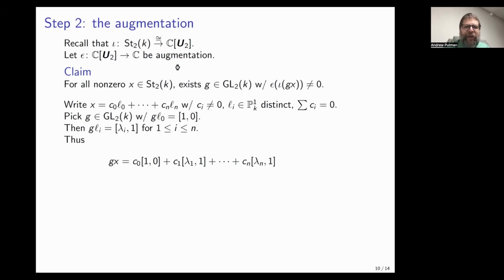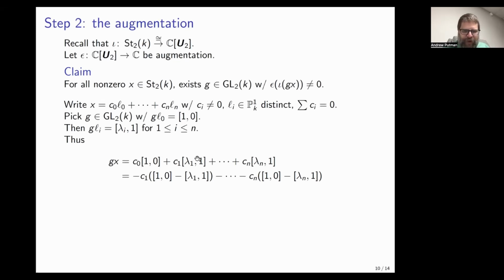I can write this in terms of, remember, this is my basis for Steinberg: differences between the line of slope infinity and some line of non-zero slope. And so, because the sum of the coefficients is 0, I can rewrite this as negative c1 times ((1, 0) minus this). And so you see, when you expand this out, the negative sign right there and that negative sign cancel each other.